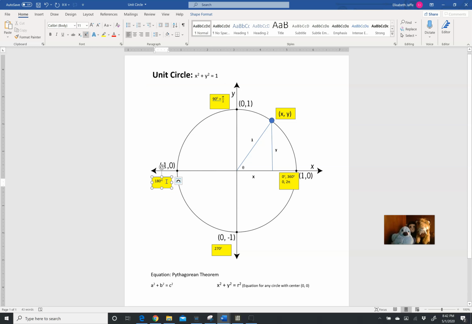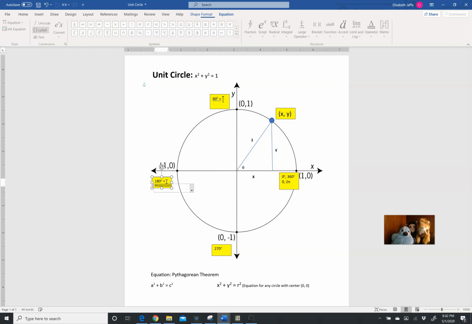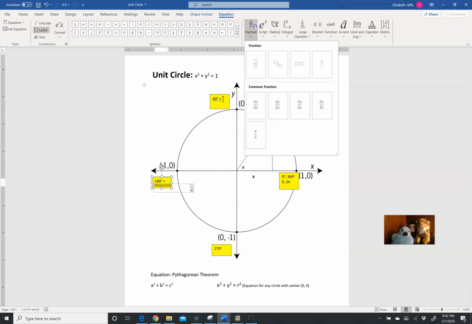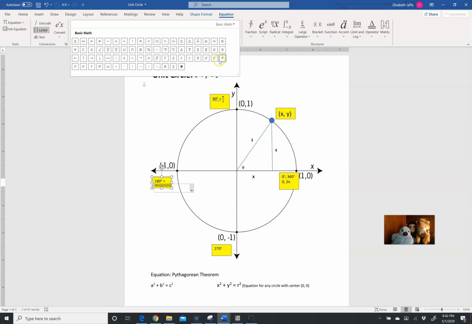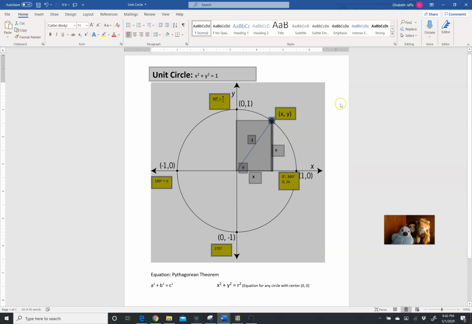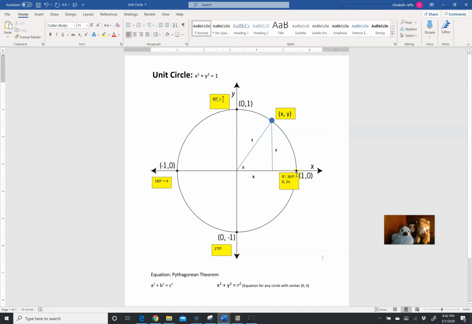Now 180 degrees is just equal to pi. Okay, so at 0 degrees, we're at 0 radians. At 90 degrees, we're at pi over 2 radians. At 180 degrees, we said that we're at pi radians.